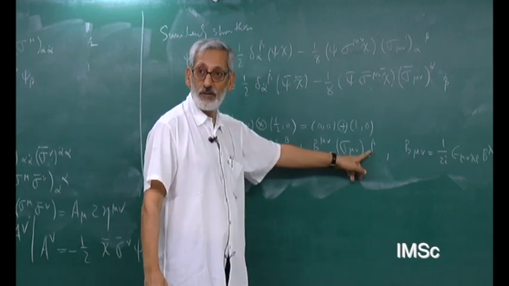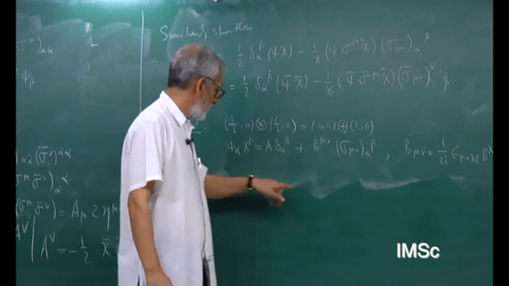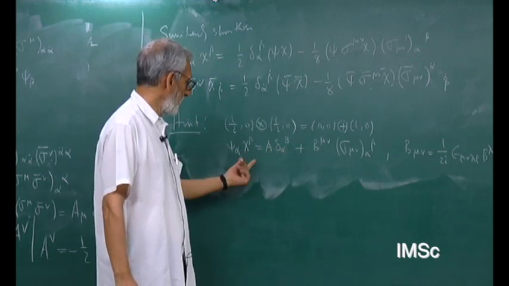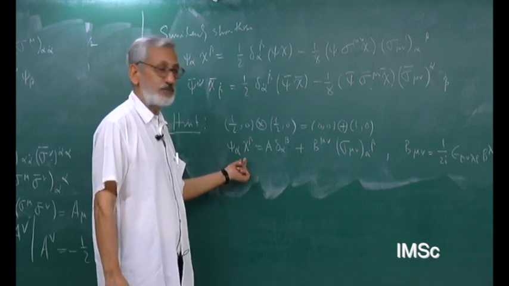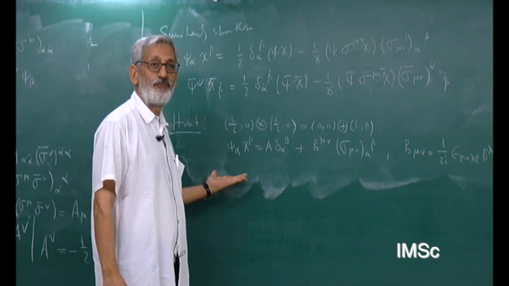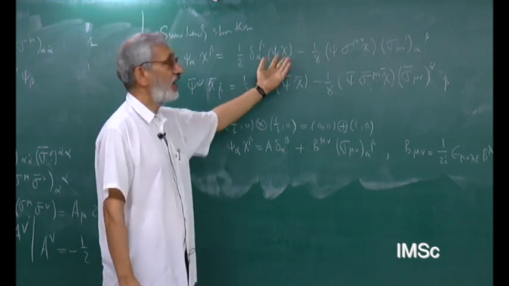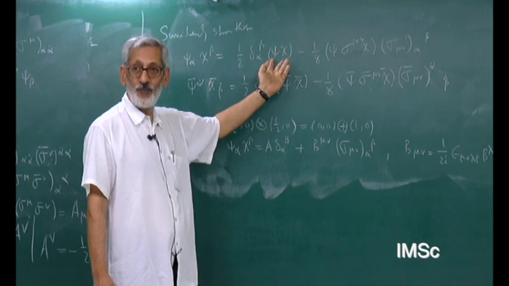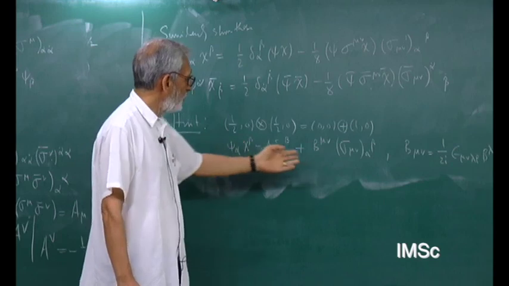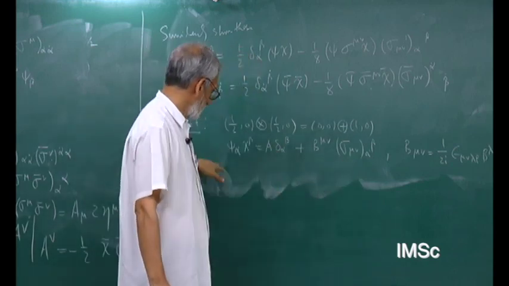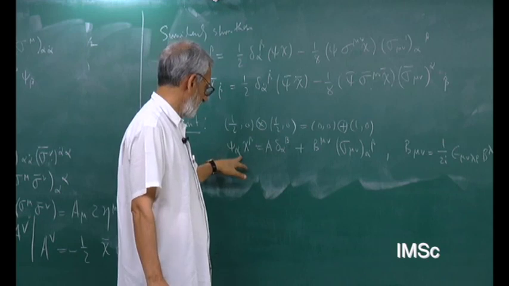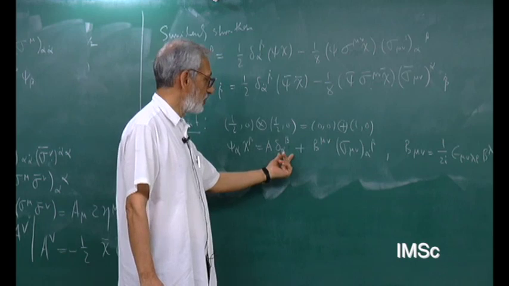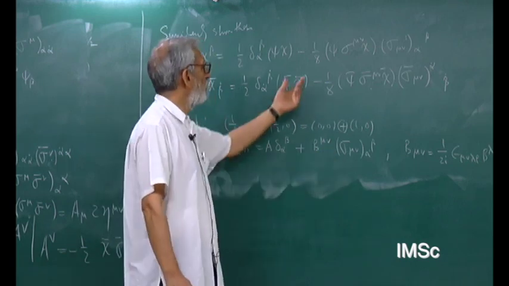Trace of sigma mu nu is 0. Trace of delta alpha beta is 2. So that tells you twice A is psi times chi contracted, and A is half of this. That gives you the first term. Second, multiply by sigma mu nu both sides. The trace of that will be 0, and that will give you B mu nu, which will work out to be exactly this.